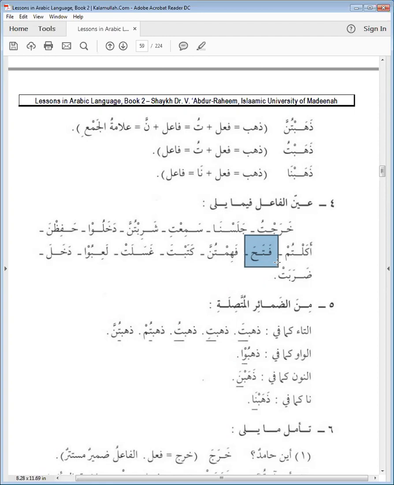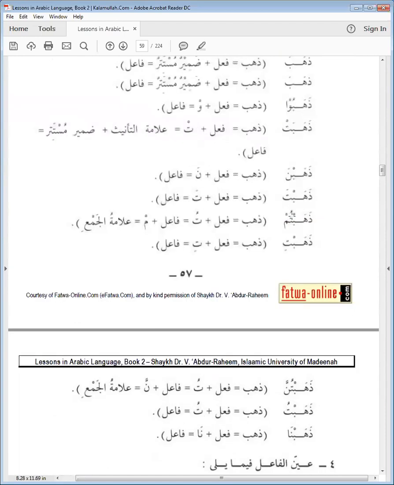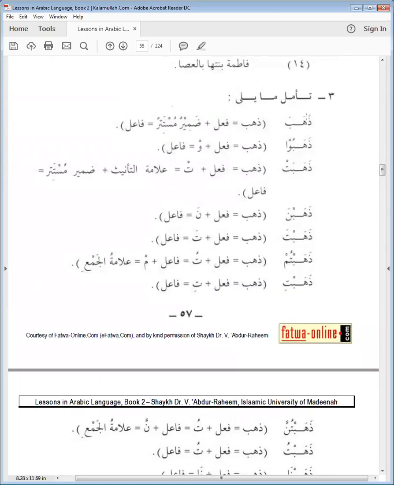The fa'il is the damir mustatir, right? It's understood. Remember we did that, the first thing in line above? So we have dhahaba. You might say, but hold on, that's just the verb alone. Yes, it is the verb alone. That's why the fa'il, or the doer of the verb, is called damir mustatir. It's hidden, you can't see it, right? The pronoun is understood, right?